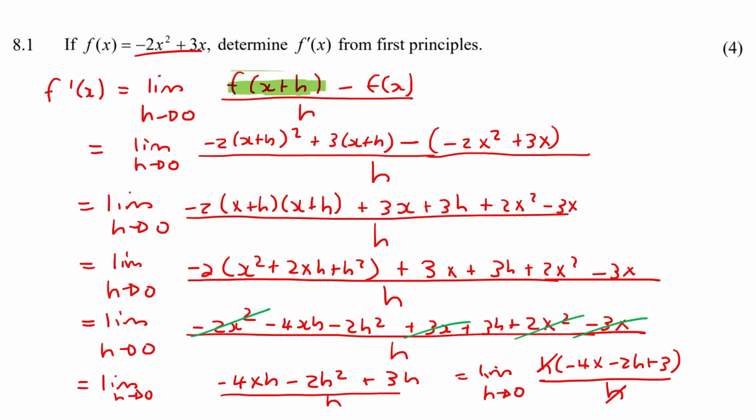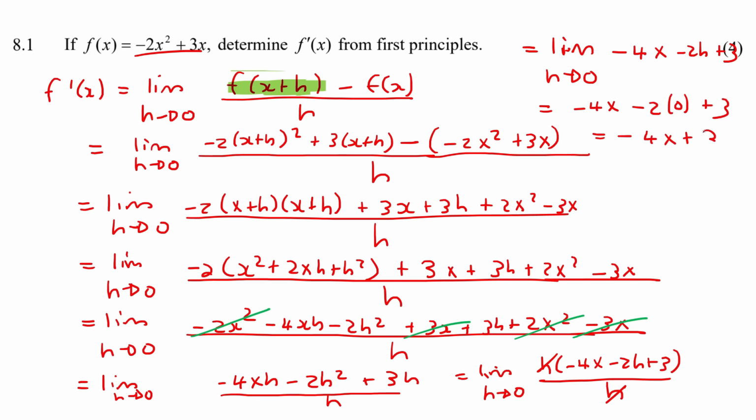That's a good thing. Now I'll carry on up here, equals the limit as h goes to 0 of minus 4x minus 2h plus 3. Now we can let h go to 0, and that's going to equal minus 4x minus 2 times 0 plus 3, and that'll be minus 4x plus 3.